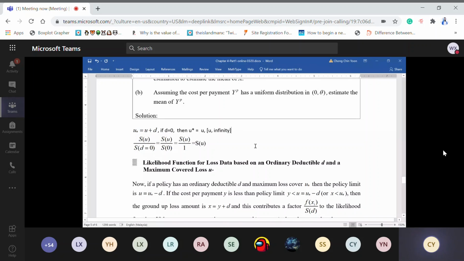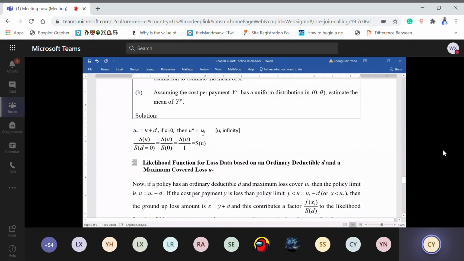You have to understand that. If you involve just a U, this is group data, and group data we have learned already. That is, you take S(U) minus S(infinity), because S(infinity) is 0. So all these are repeated. You don't need to memorize so many formulas. They are the same thing. Group data we have learned already.